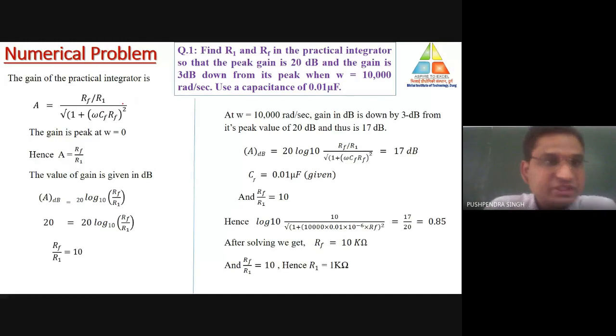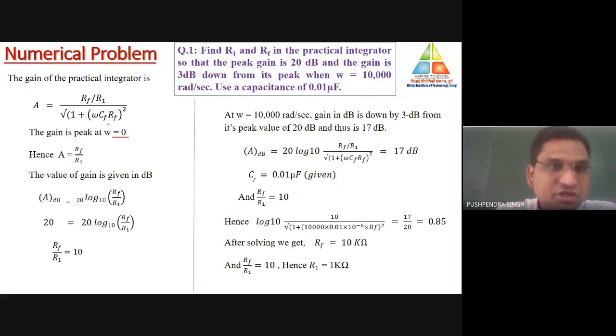So this is the solution. This is the equation for gain. Gain A is equal to RF by R1 divided by the square root of 1 plus (omega CF RF) squared. This is the magnitude now, which is why the negative sign is not there, because it is the magnitude of the integrator circuit.